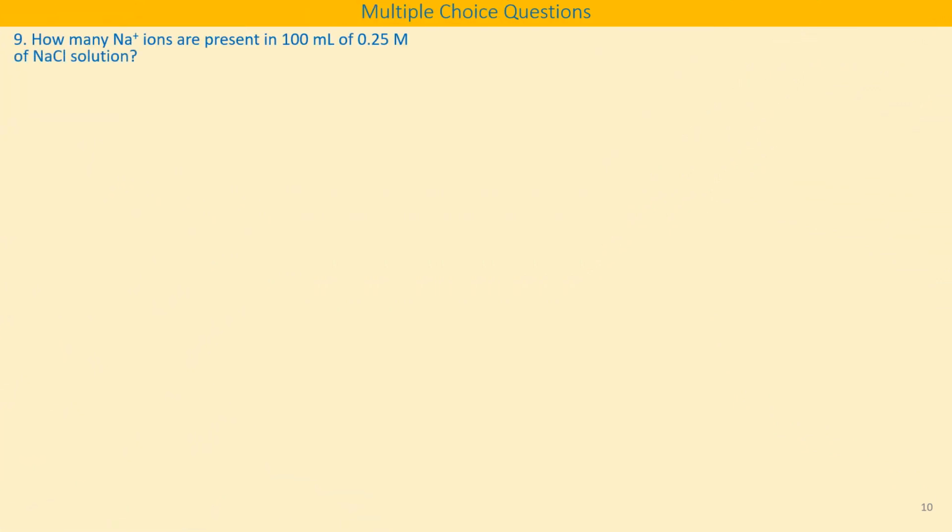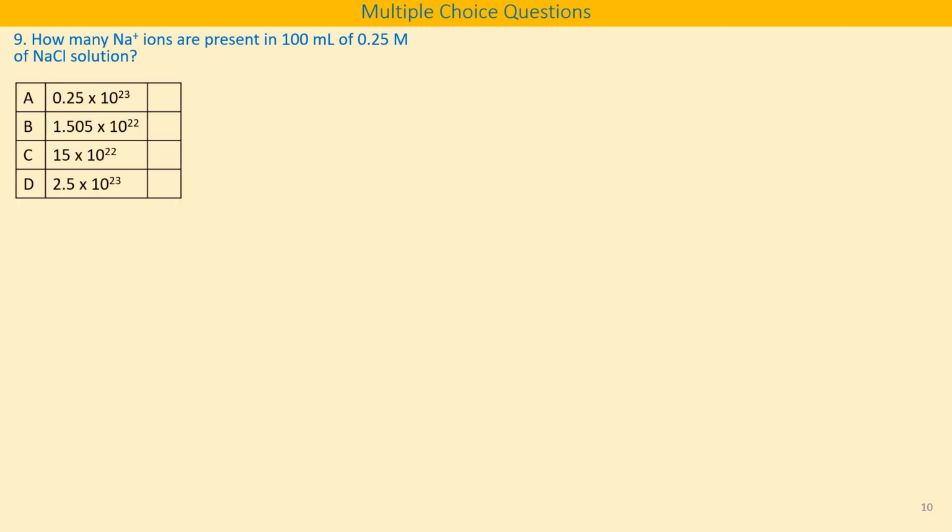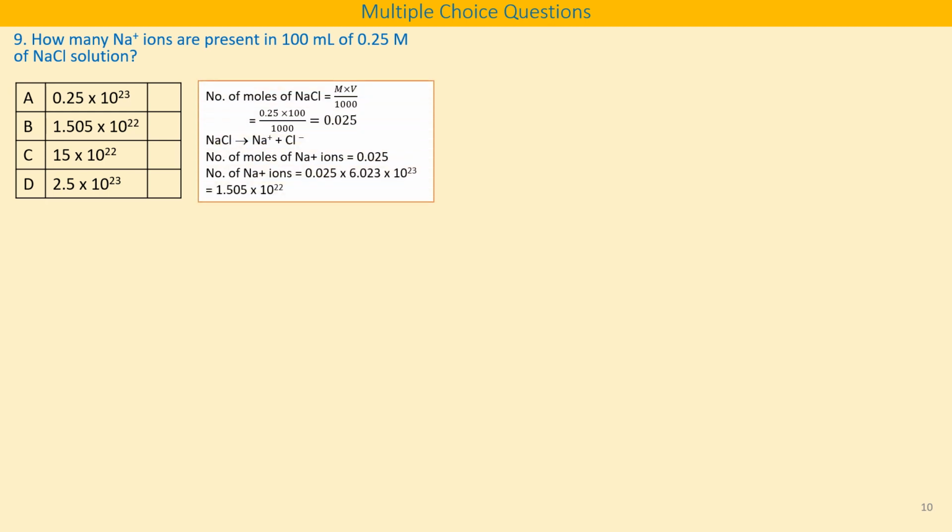How many Na plus ions are present in 100 ml of 0.25 M NaCl solution? Four options are given, option A, B, C and D. You have to analyze and mark the correct answer. So let us analyze.